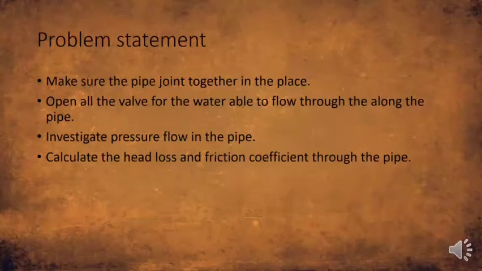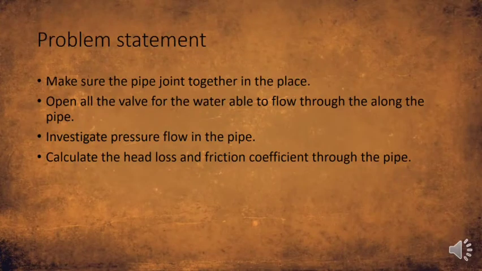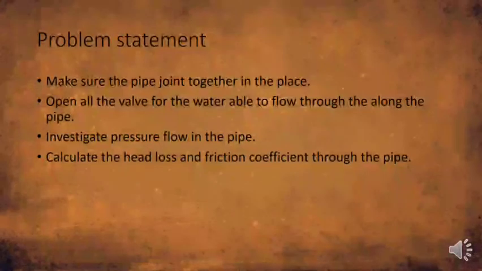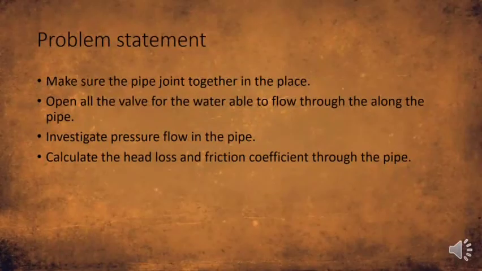So now, what is the problem in this experiment? When we do this experiment, we must make sure that the pipe joints are connected together. Then we will make sure all valves can be used or opened, so that all the fluid can flow through the pipeline.